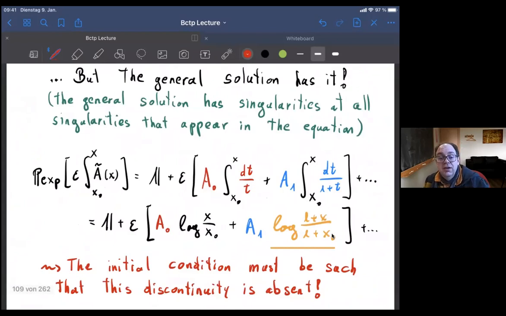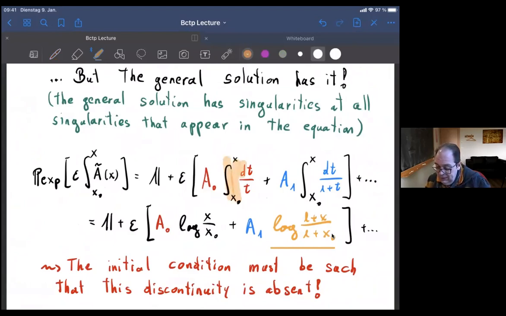However, if you look at the general solution, which is what comes out of the path-ordered exponential, you would have a singularity at x equals minus 1. There would be a discontinuity associated to x equals minus 1. So for example, let's take the path-ordered exponential and expand it to order epsilon.